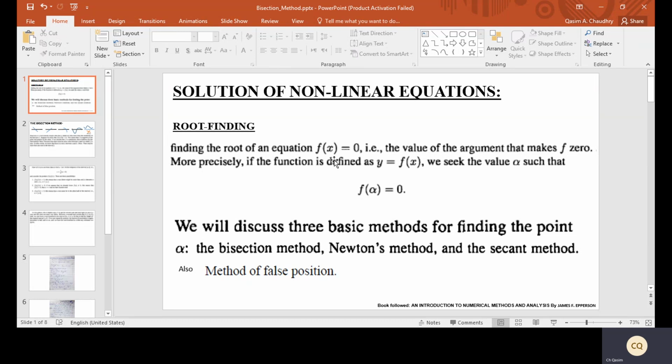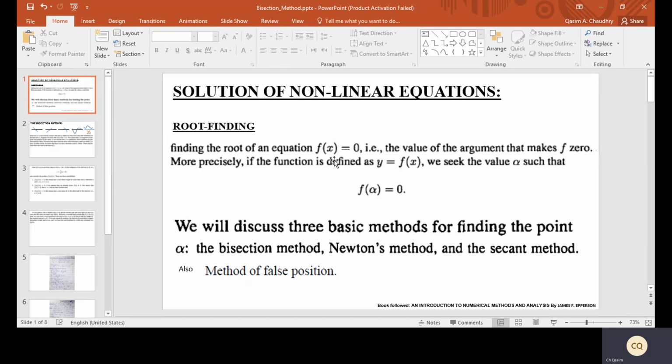Now we have an equation, and here it is a nonlinear equation, because in your course we have equations of nonlinear type. We have considered the equation f of x is equal to 0. So students, we want to find the values of x such that f of x is equal to 0.